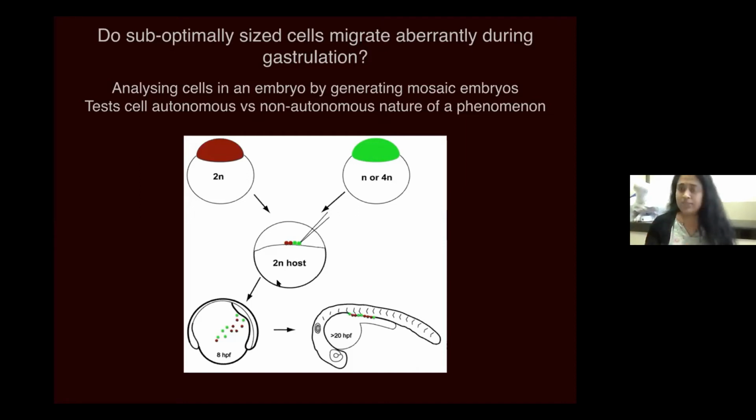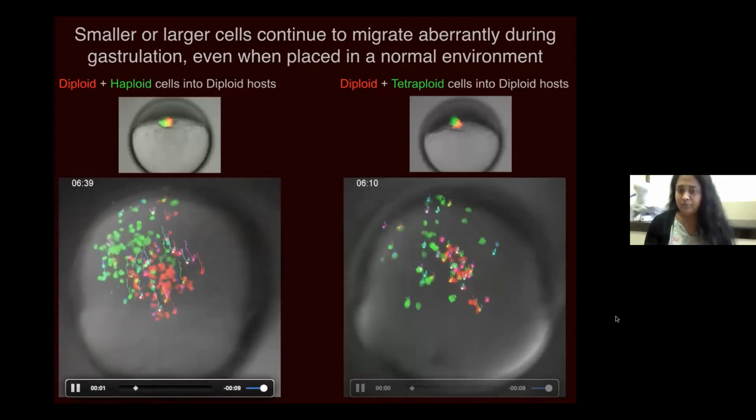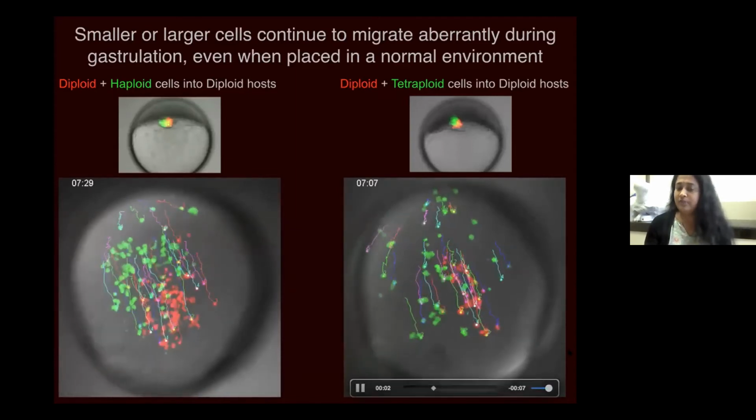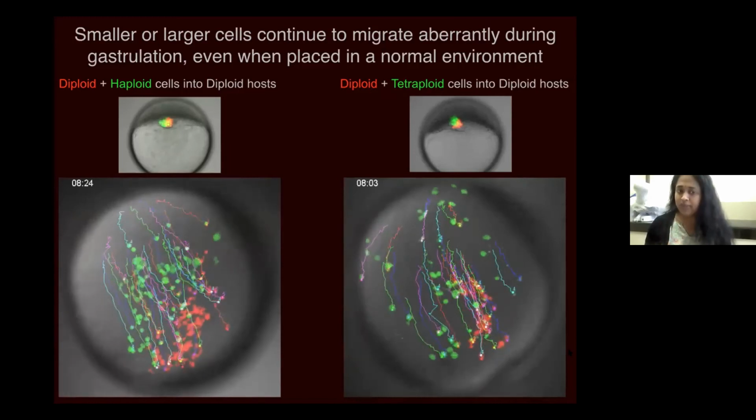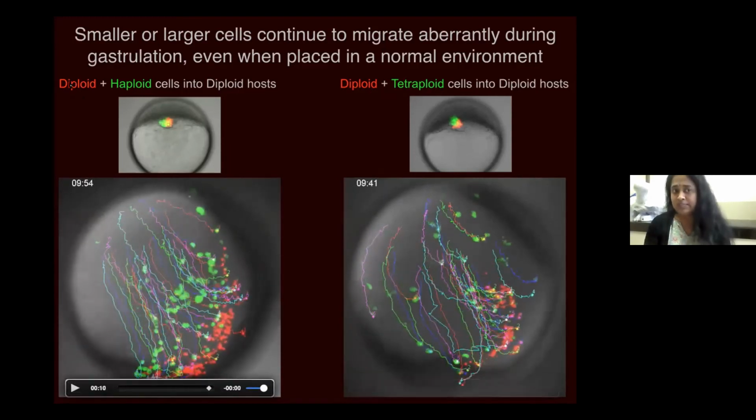And again, this was done live, where we generated a mosaic clone of cells, a mixed embryo containing cells from both these groups, and traced their migratory process. So we end up acquiring these kinds of movies where again you can trace the individual migratory routes of cells. The red is diploid. In both conditions, the red cells are diploid cells.